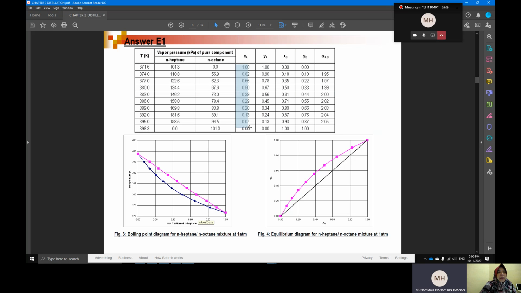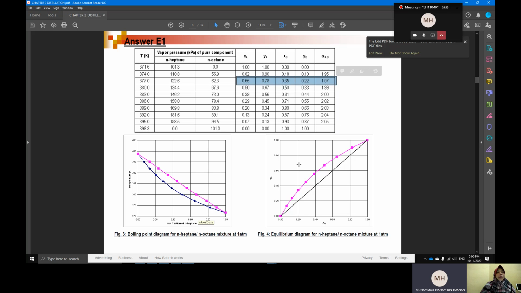Ni kolom ni, ini you kira sendiri tau, berdasarkan formula tadi. Okay, so saya nak you work out macam mana nak guna formula. Tunjuk saya satu sampel saja cukup. Ya, sebab jawapan dah ada. Saya nak you tunjuk jalan kerja you satu sampel saja atau 2 sampel. Contoh, how to get this row.